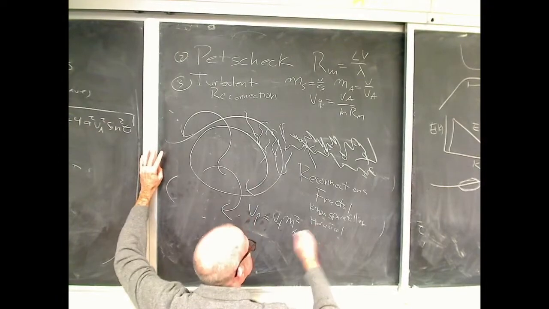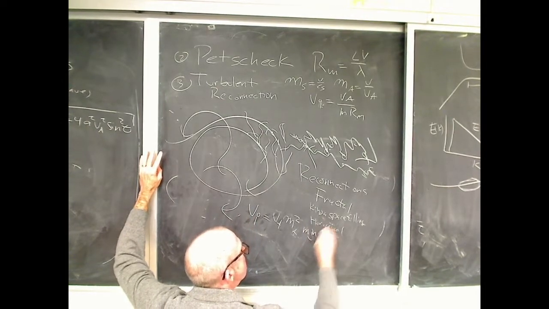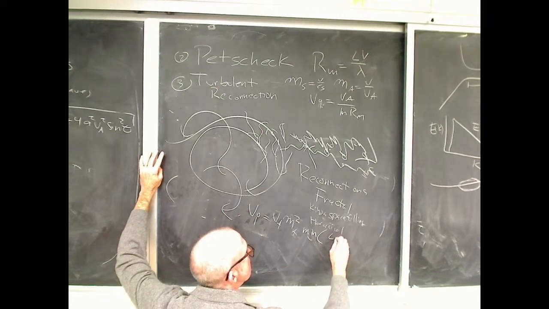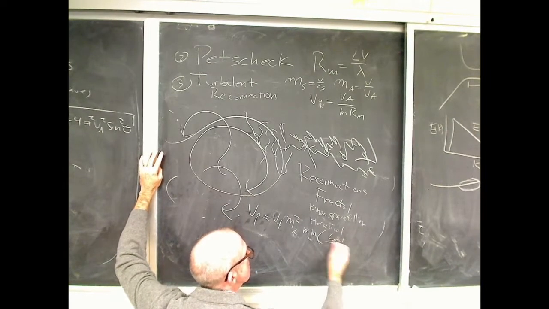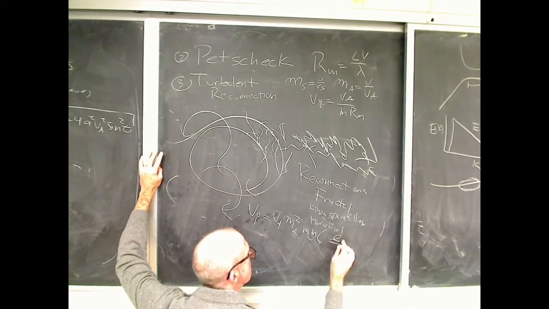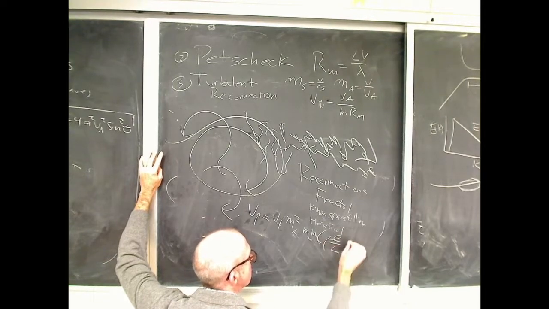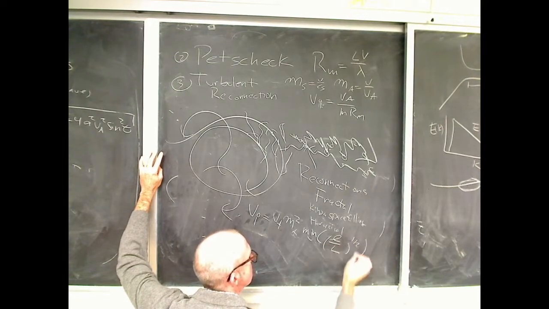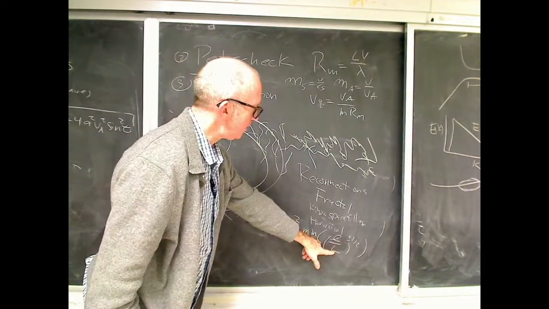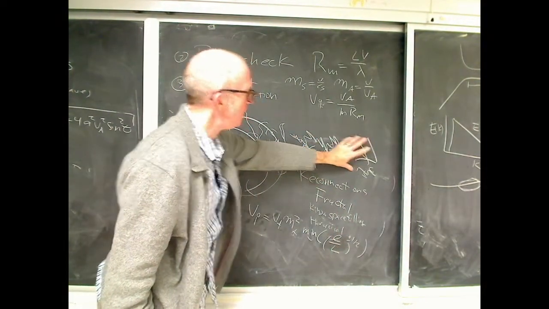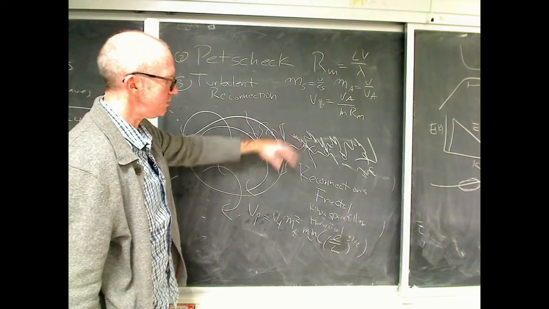times the min of the length scale, let's call this little L over big L, to the 1/2. So we have a little L and a big L, where the big L is the length of the structure and little L is the transverse width.